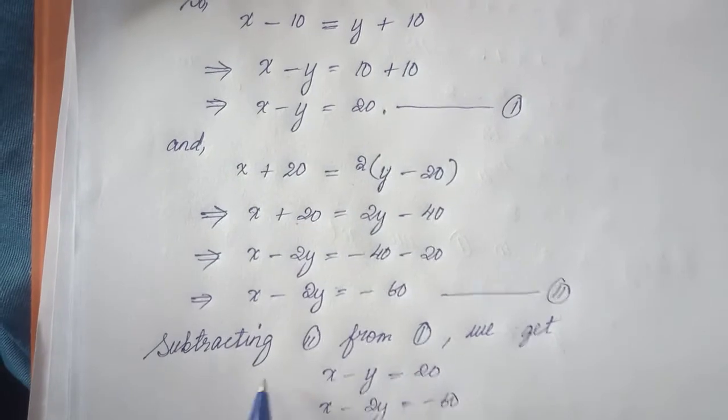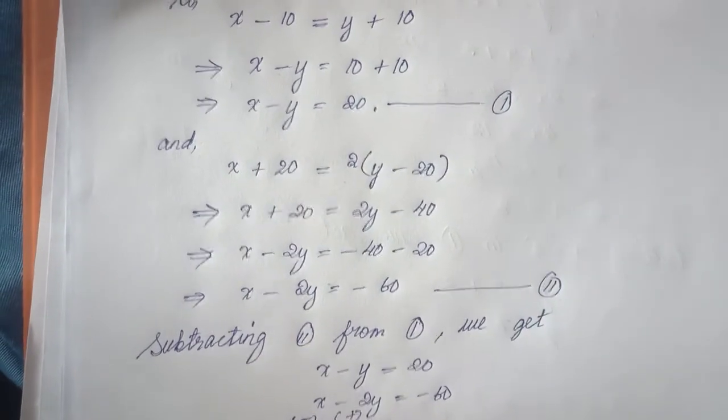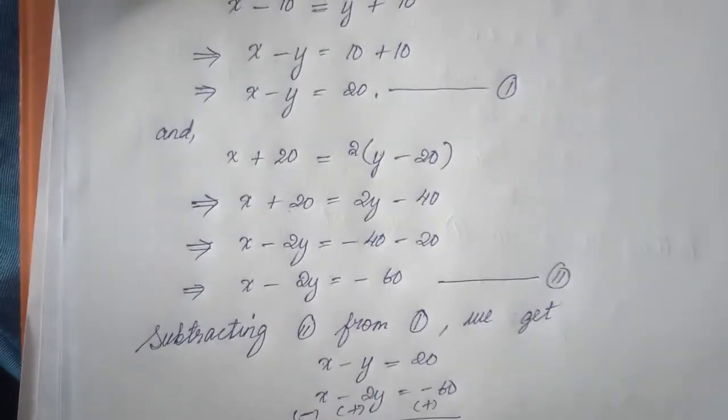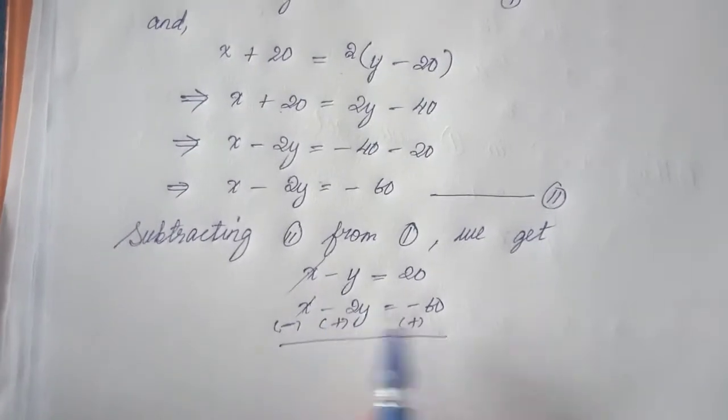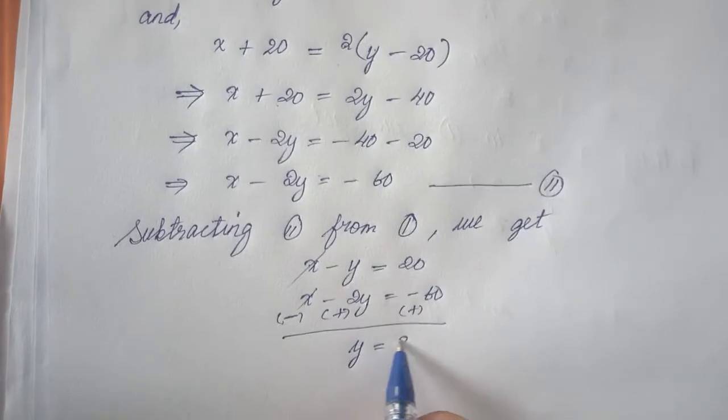As we use subtraction, the second equation will change its sign. So x minus x is 0, they cancel each other. Then minus y plus 2y is y. Then 60 plus 20 is 80.